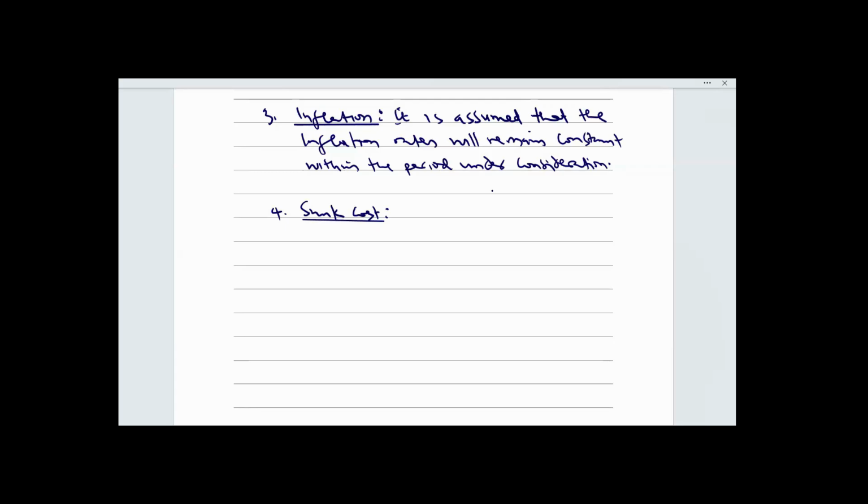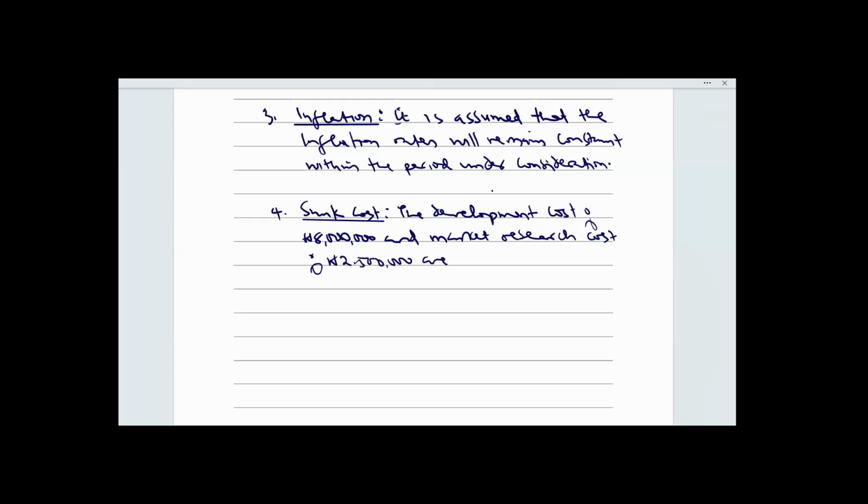Okay? So I would then say the development costs of 8 million naira and market research costs of 2.5 million naira are sunk costs.